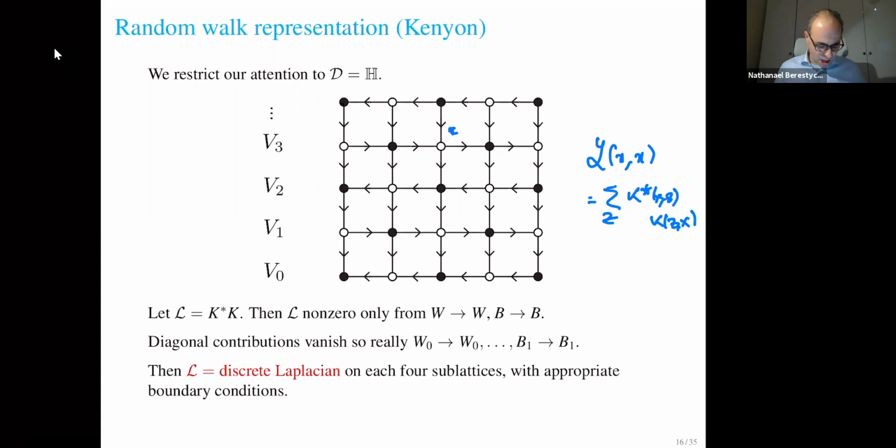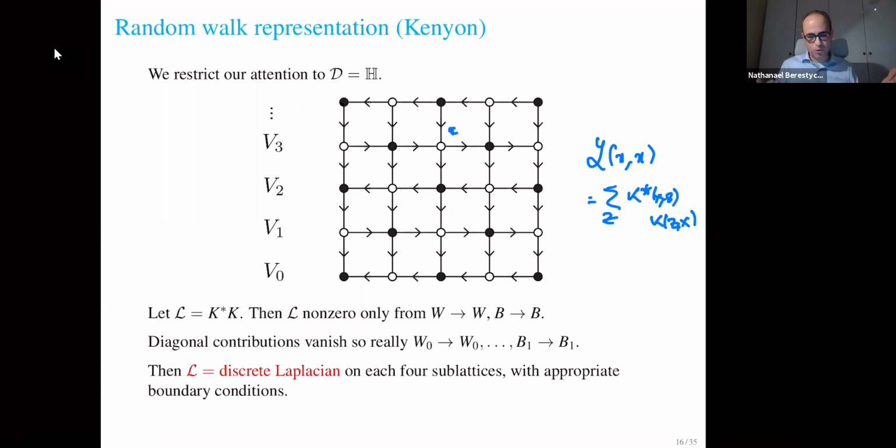And in fact, you realize that if I try to go from here to here, there's 2 ways you can go. You can go this way or you can go that way. And it just so happens that the contributions just vanish. So in fact, you can split further your lattices, the white lattice into 2 and the black lattice into 2.